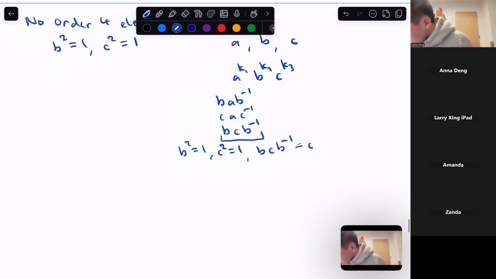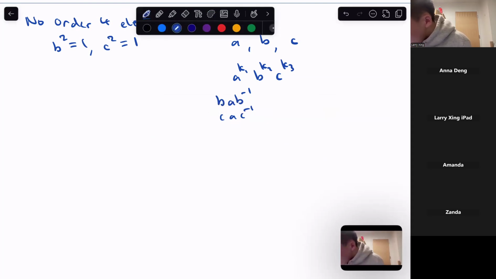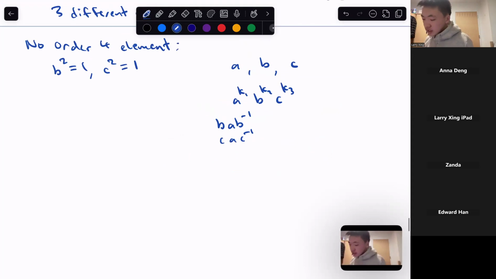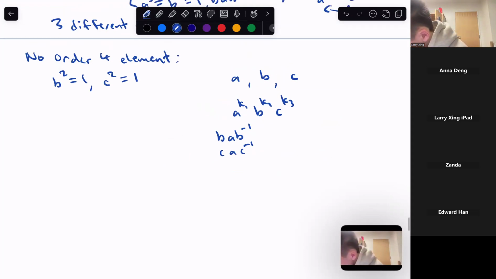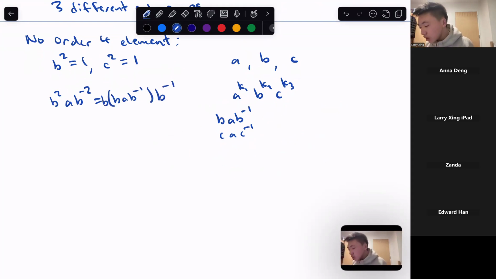So we've essentially reduced our cases to BA, b to the negative 1 and CA, c to the negative 1. We also know that when we conjugate b squared a b to the negative 2, it equals BA, b to the negative 1 conjugated twice. So essentially we're conjugating this, and when we conjugate this, we get BA to the k, b to the negative 1.